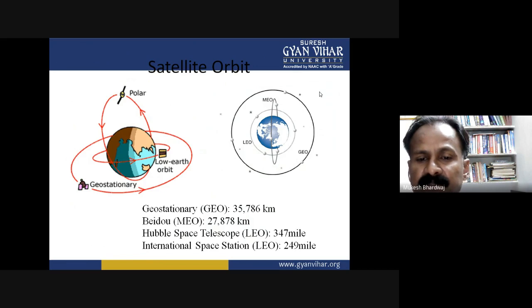Geostationary orbit is about 35,786 kilometers, and medium Earth orbit is situated at 27,878 kilometers, and LEO is the low Earth orbit, that is about 347 miles away. International Space Station, LEO, 249 miles.